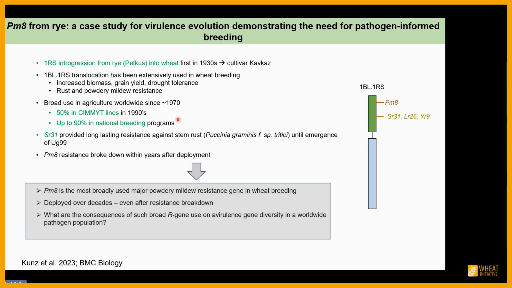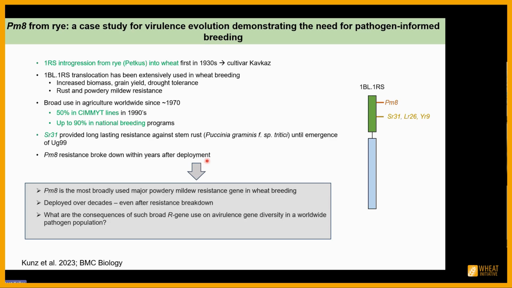So it has been really very widely used, even though PM8 as a powdery mildew resistance gene broke down quite rapidly. At one moment, 50% of all CIMMYT lines contained this gene.